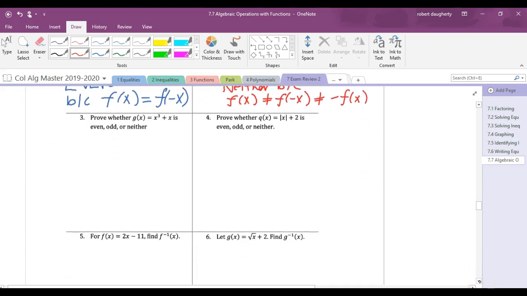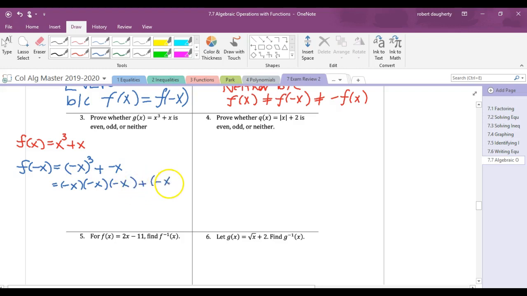Prove whether this next function is even, odd, or neither. So f of x is equal to x cubed plus x. f of negative x is equal to negative x cubed plus negative x. Think of this as negative x times negative x times negative x, plus negative x.